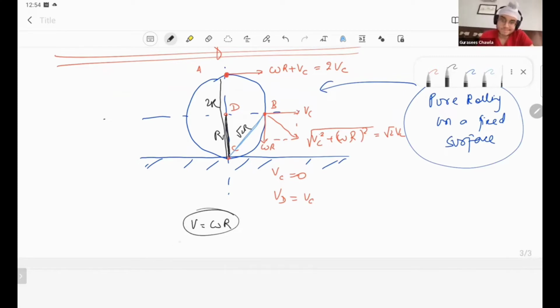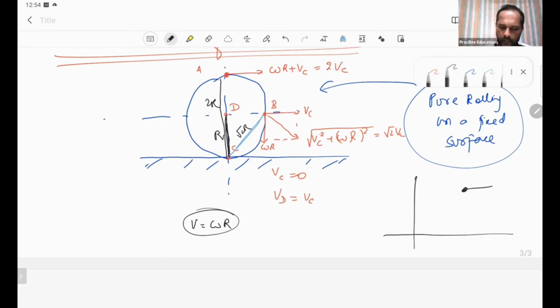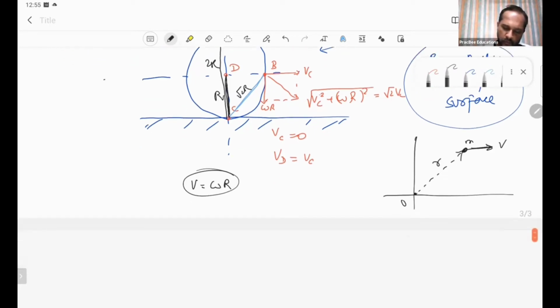You might have studied this in circular motion: if some particle of mass m is moving with velocity v, and there is a point O and this vector is the r vector, then to find the angular velocity of this particle about point O, we take the component of velocity perpendicular to r.